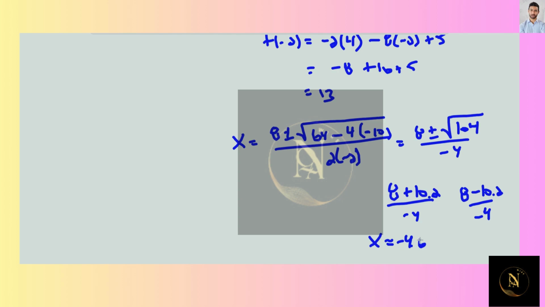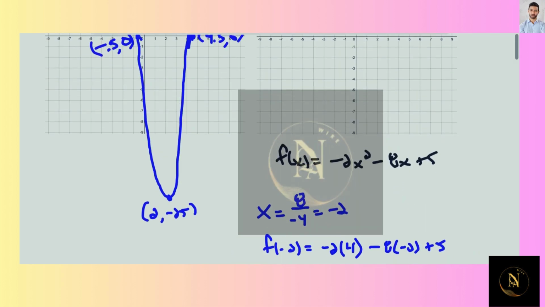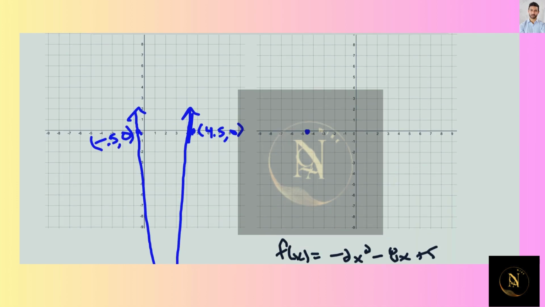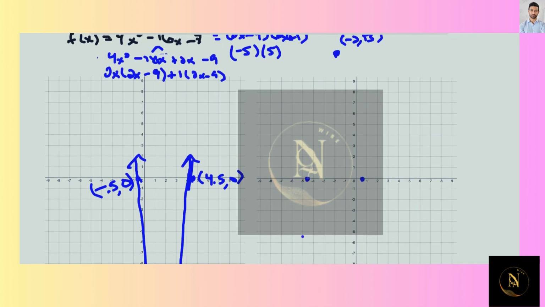And 8 minus 10.2 is negative 2.2, divided by negative 4 is about 0.6. So you can just estimate those on your sketch to help guide your parabola. Hope that was helpful.